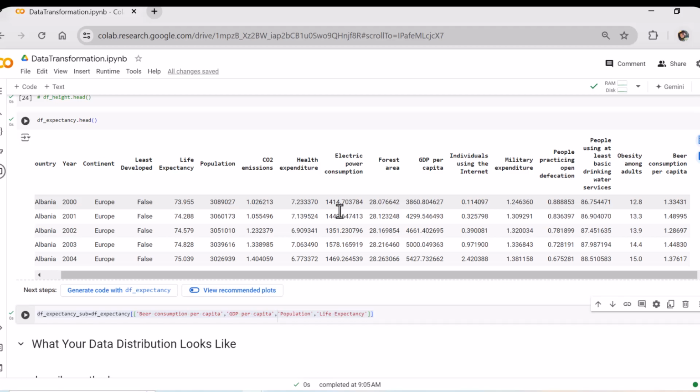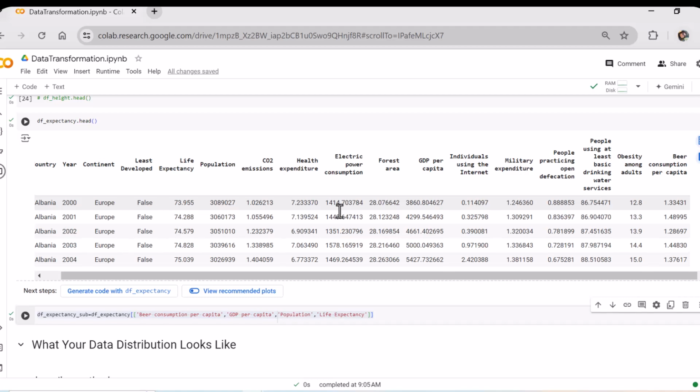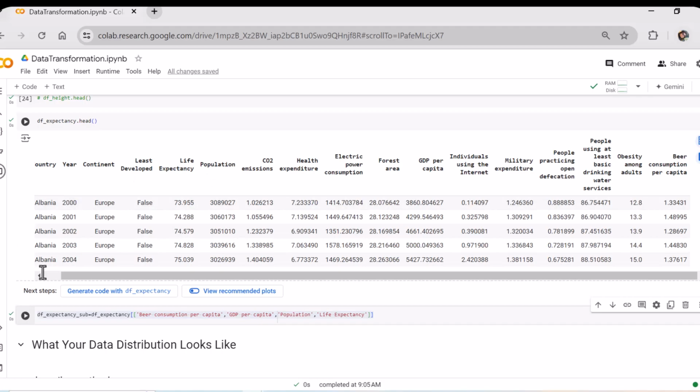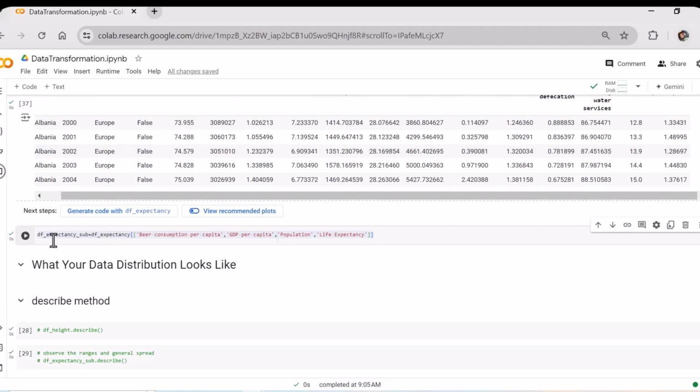We will just be understanding how to address data transformations like normalization, standardization, log normalization, and more. So here we have a subset df, expectancy underscore sub, which contains these columns: beer consumption per capita, GDP per capita, population of the area, and then the target variable life expectancy.